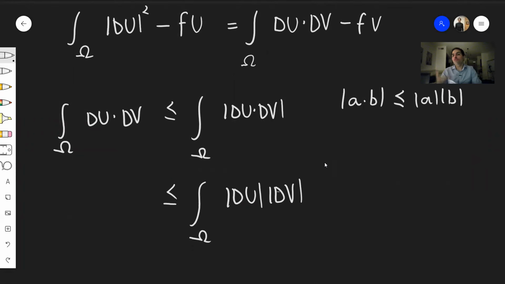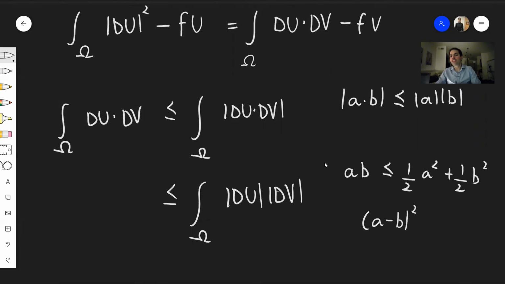And moreover, we have to use another inequality called Cauchy's inequality, which simply says ab is less than or equal to 1/2 a squared plus 1/2 b squared, which you can simply prove because (a minus b) squared is greater or equal to 0. Expand that out and solve for ab, and you get this thing.